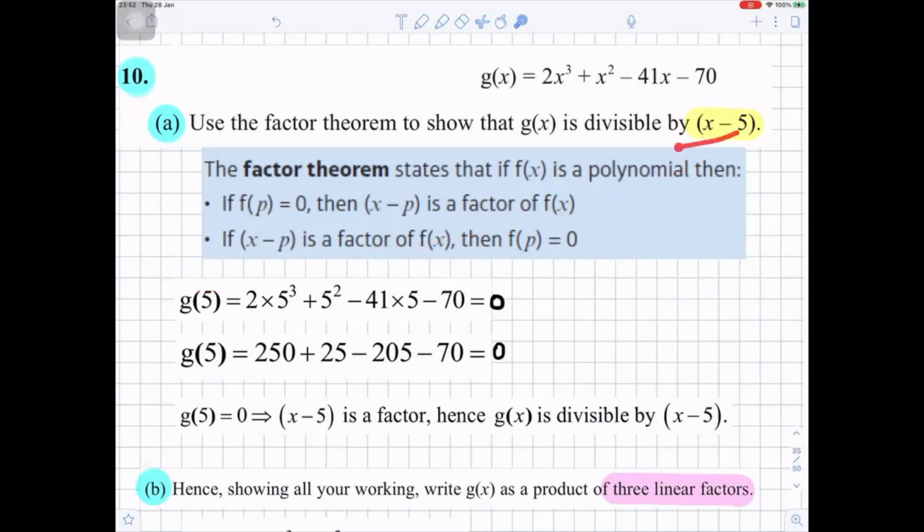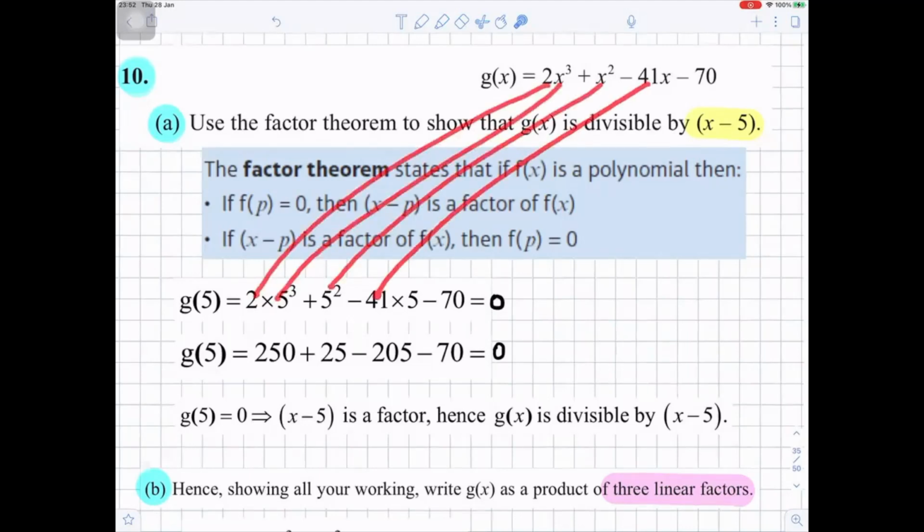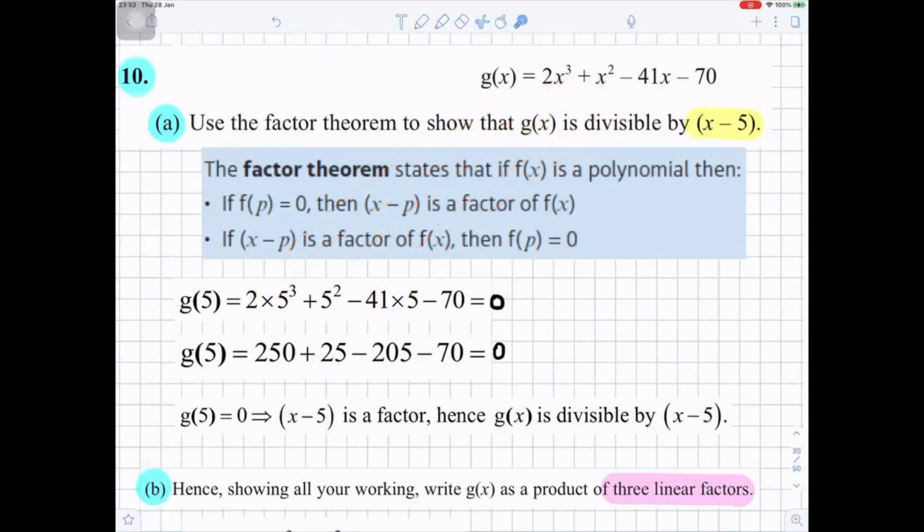We substitute 5 in there. So we have 2 times 5 cubed plus 5 squared minus 41 times 5 minus 70. That will give you 0. You get 250 plus 25 minus 205 minus 70 is 0.